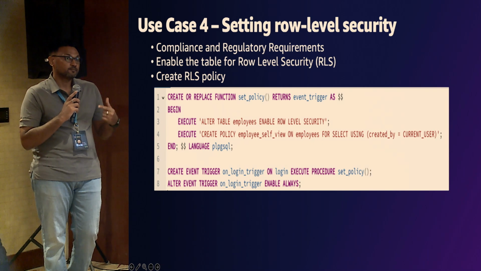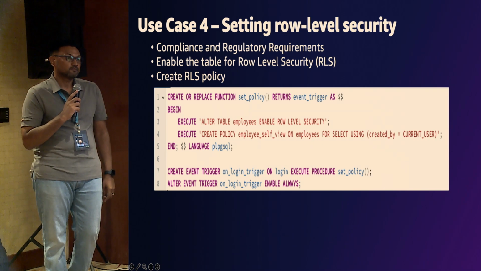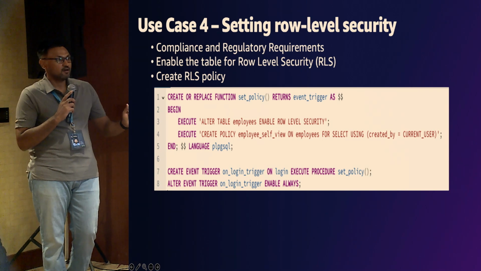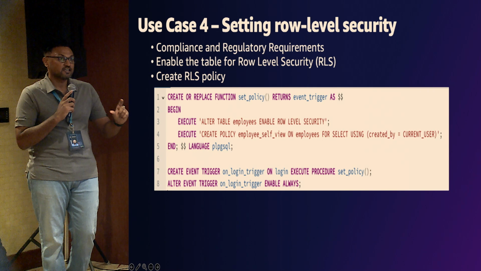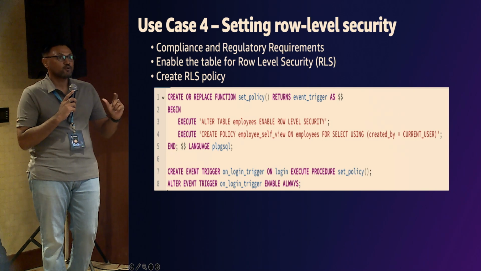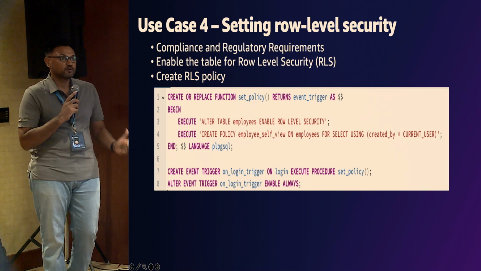If there are 100 logins happening, you're going to execute the alter table employee command 100 times. Yeah, for a specific table, if there is a sensitive table and you want to ensure there is row level security on that particular table, and you want to do it at the time of login, you can choose to do that as well.